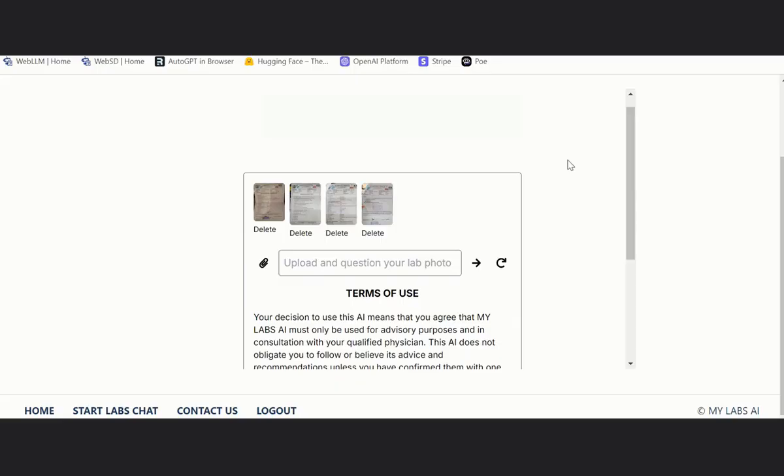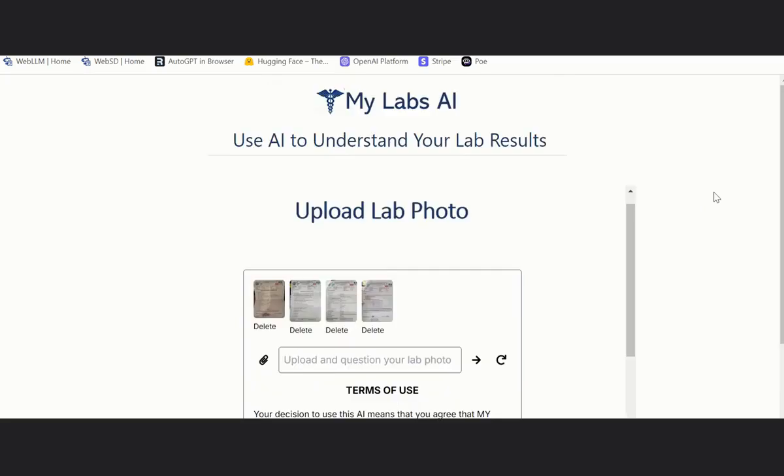So what I've done is upload each of the pages, the entire report, to the My Labs AI app. And so the patient was able to ask the AI to please explain the most important findings in my lab result attached.